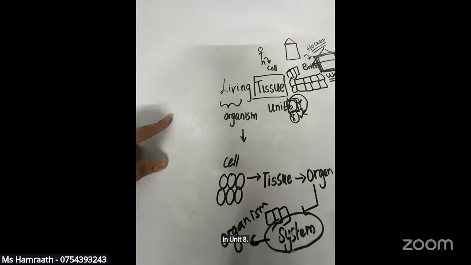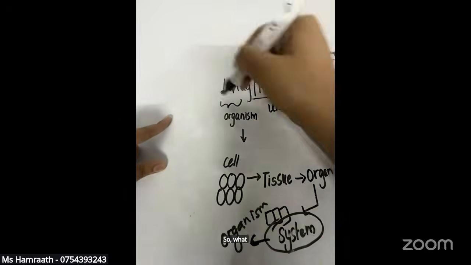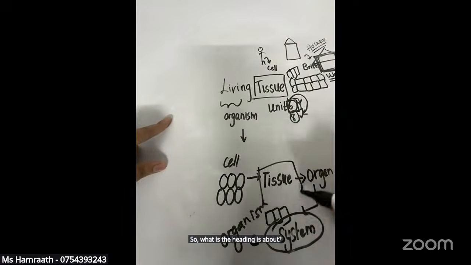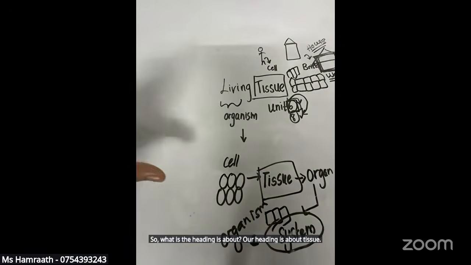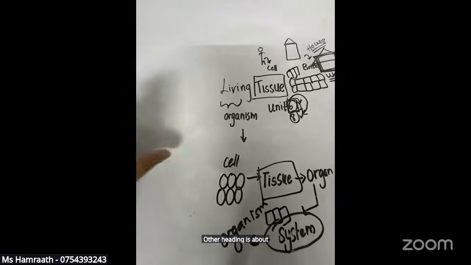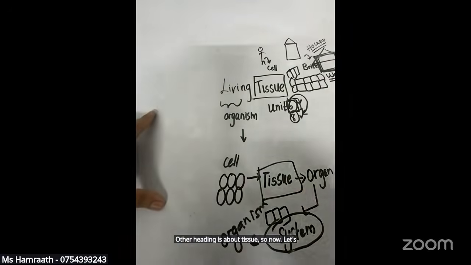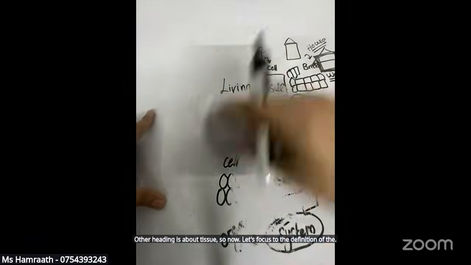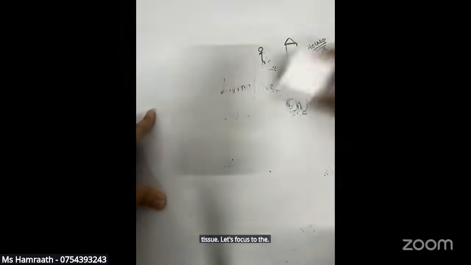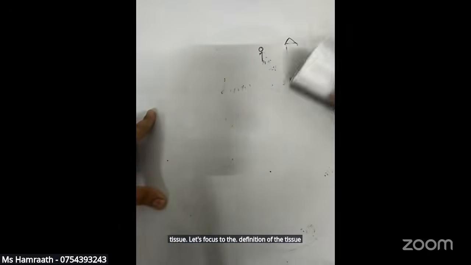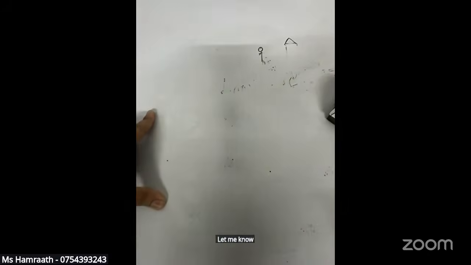You know that very well. So what is our heading about? Our heading is about tissue. So now let's focus on the definition of tissue. Before we go to that, did you understand the hierarchy of the organism? Hierarchy means the level of order.